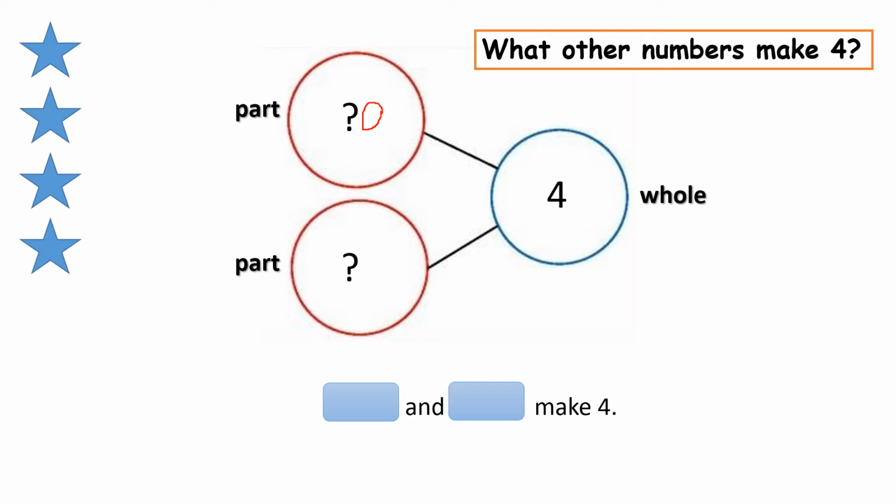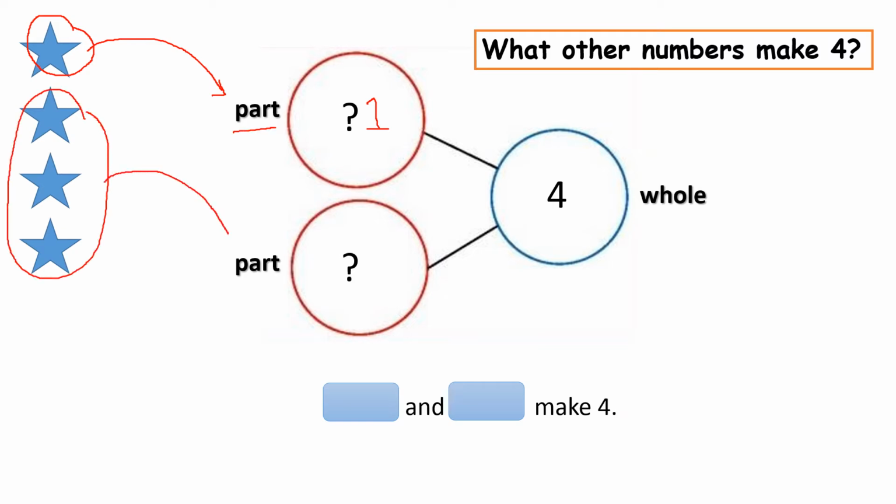Now, we can try to start with 1 star in this part. So there is 1 star in this part, so the rest of the stars will go to this part. So this part will have 3 stars. So 1 and 3 make 4.